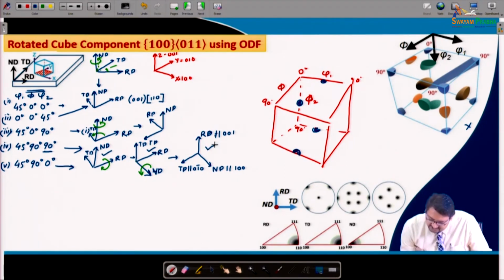I forgot that just by 90° rotation along phi, that is for the fifth situation, if we include only these two, this becomes the fifth situation.